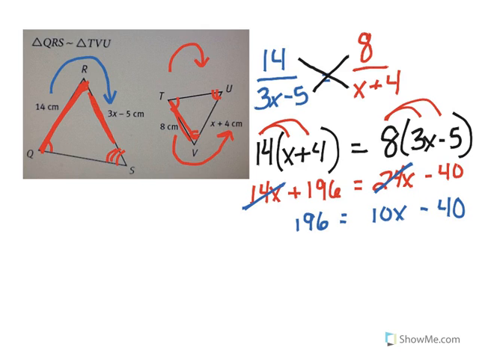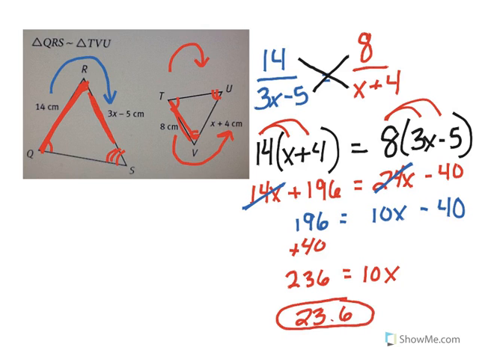Isolate the 10x by moving the 40 over. And we get 236. Divide by 10. Another nasty number. But I think I did the math right. So there's how you do it with expressions on both sides.